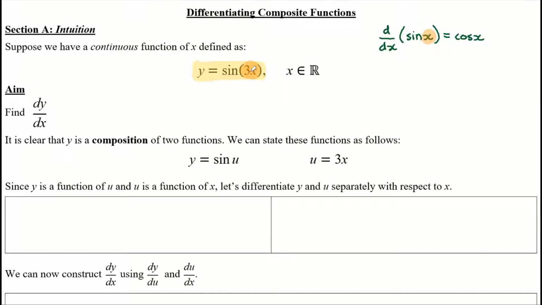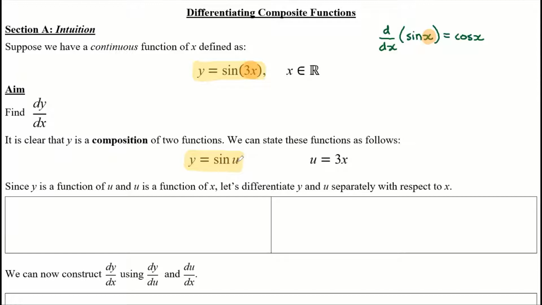Now, what that essentially does is create a composition of functions, and we can write the composition as follows. So I can write y as a function of some other variable, which we're calling u, and this is a standard way of writing it, okay? So it's not something I've made up.